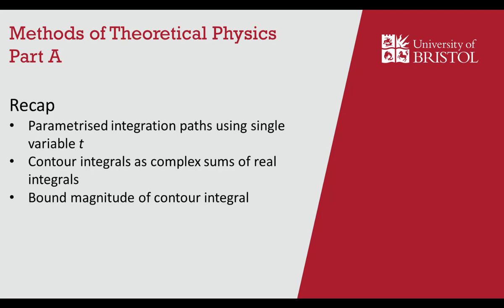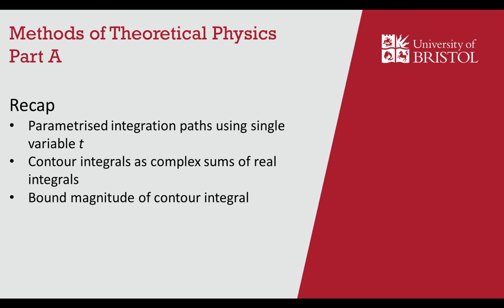First of all, there's a quick recap of what we covered in the previous video. We saw how to parameterize integration paths using a single variable t. We introduced the concept of a contour integral. That's the integral of a complex function along a path in the complex plane. And we showed that it's possible to think of such contour integrals as a complex sum of real integrals.